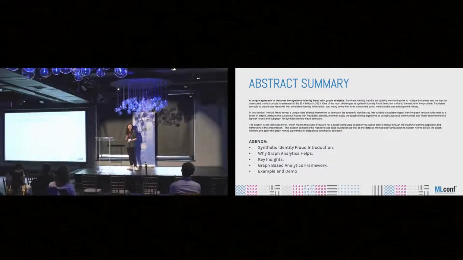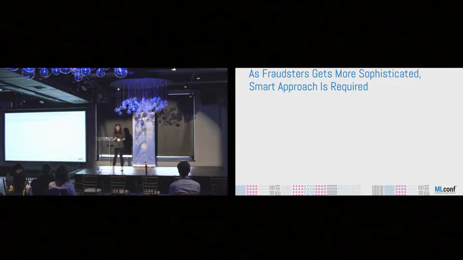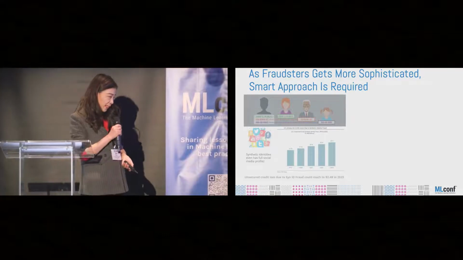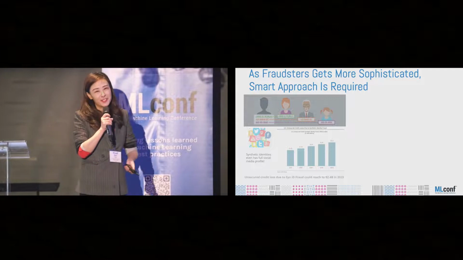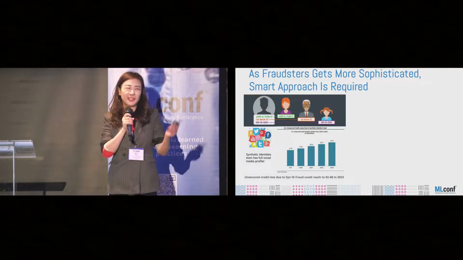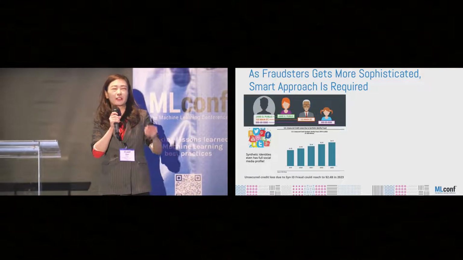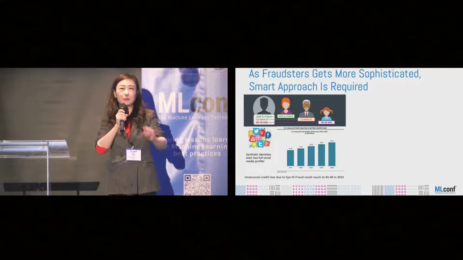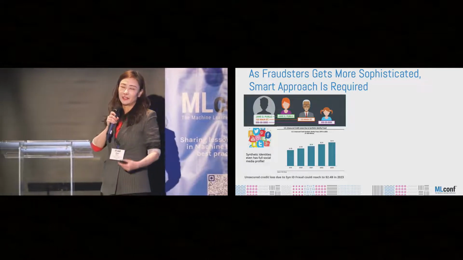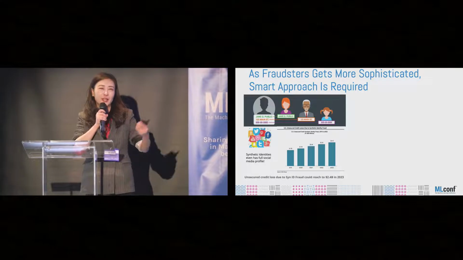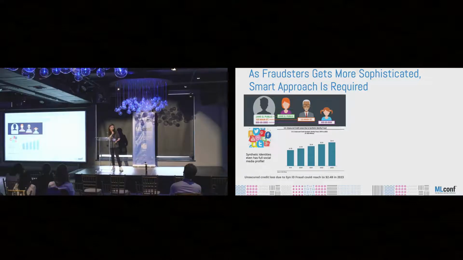So synthetic ID fraud has been an uprising concern for several years. At the beginning, we just saw fraudsters stealing children's SSN, and they put fake ID around it, and then they pretend to be a real person, and they go ahead and steal money from the banks and business.